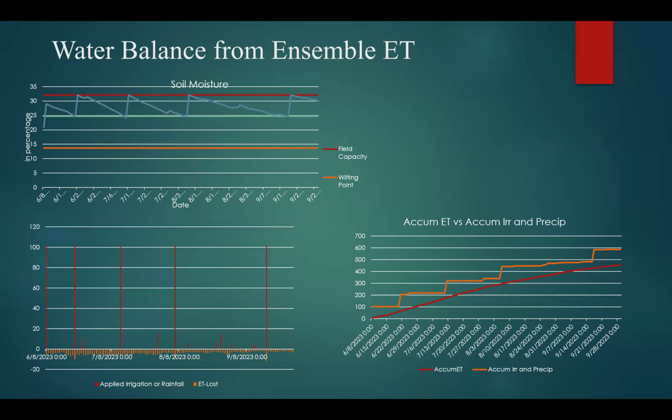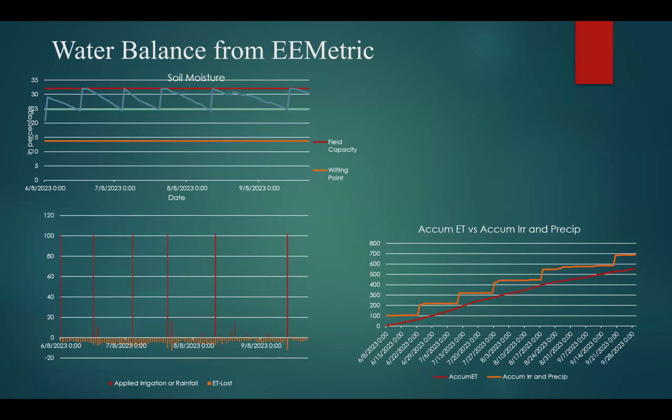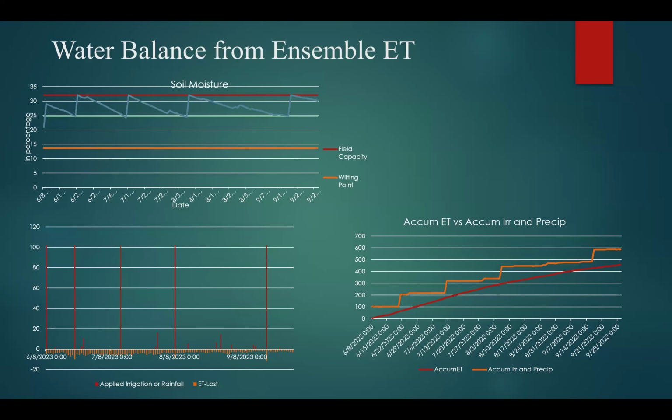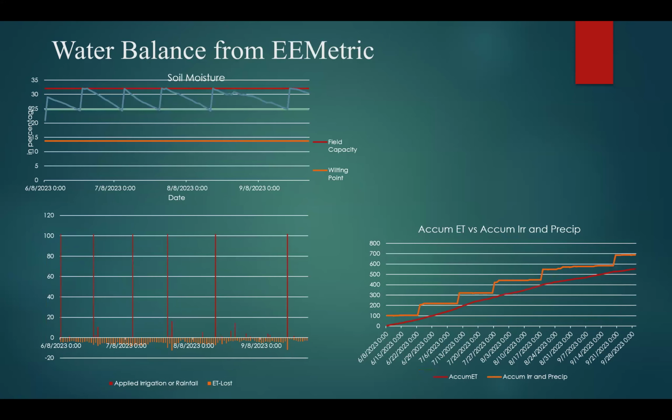I got to use the same water balance with a different model, like METRIC from OpenET. There's quite a difference between the two, especially in the accumulated irrigation and precipitation.